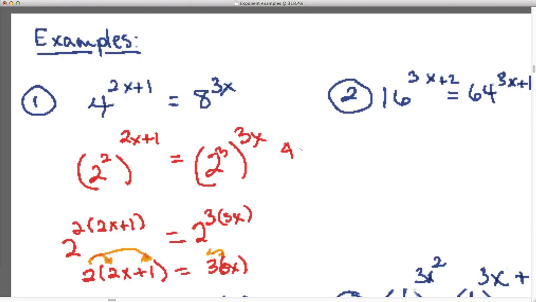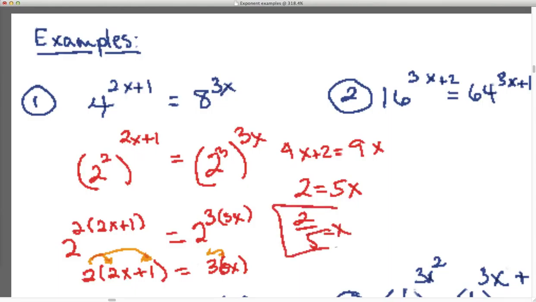So you get a 4x plus 2 equals 6. Oh, 3 times 3 is not 6. That's what happens when you're tired, okay? That's why a good night's rest is very important. So you subtract 4 on both sides, and you're going to get 2 equals 5x, and 2/5 will equal x.